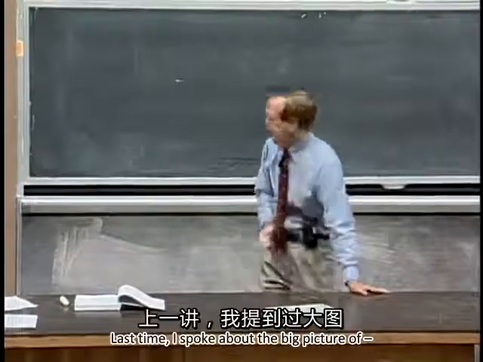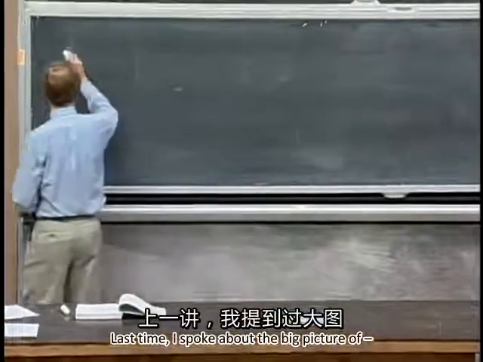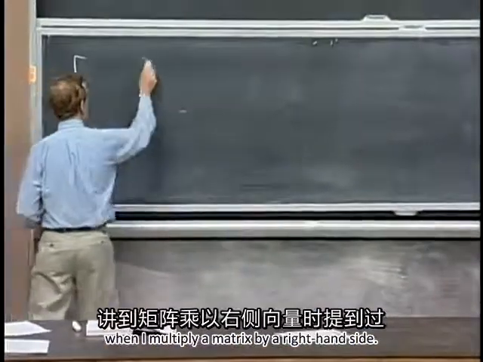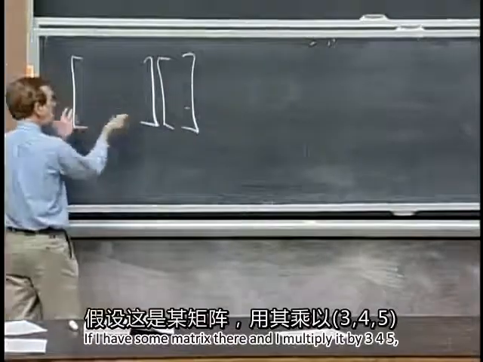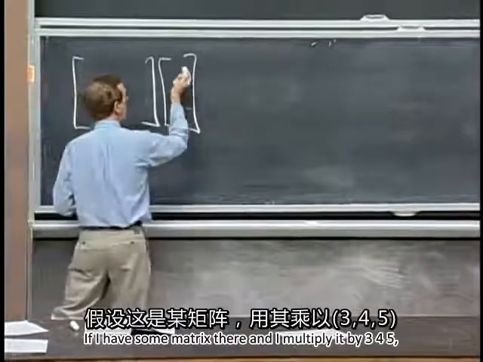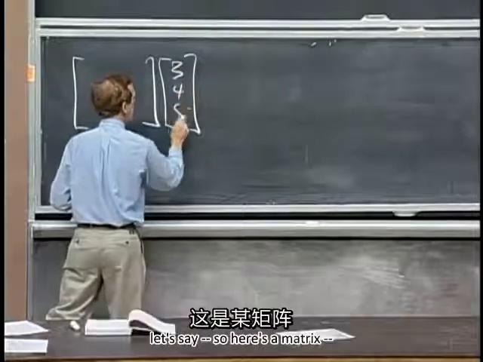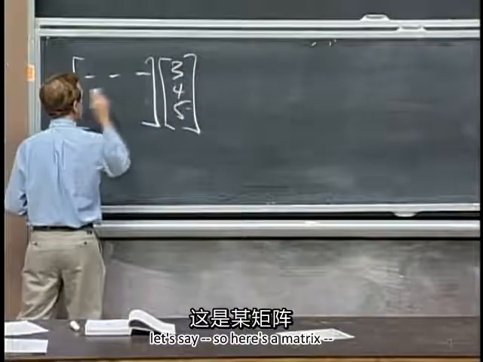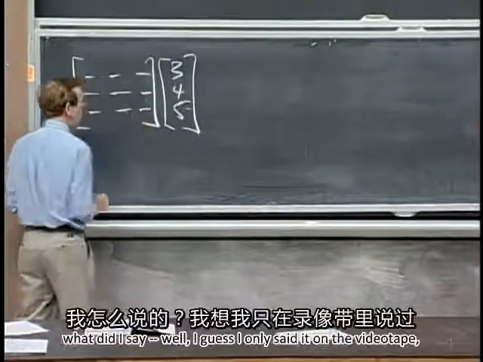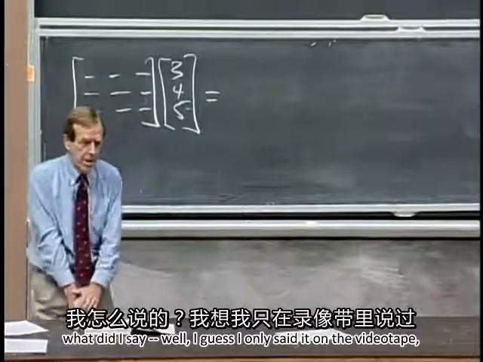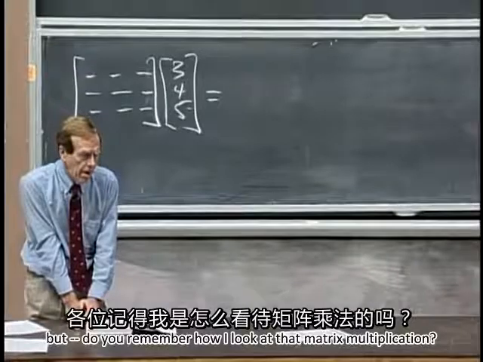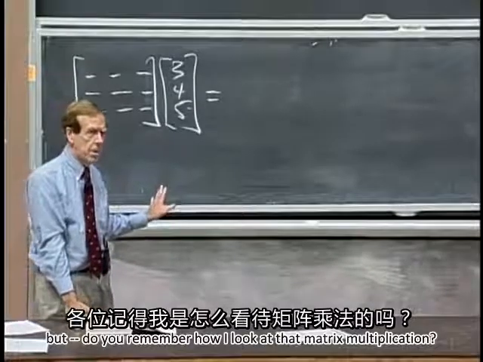Last time I spoke about the big picture of when I multiply a matrix by a right-hand side. If I have some matrix there and I multiply it by 3, 4, 5, let's say, so here's a matrix. What did I say? Well, I guess I only said it on the videotape, but do you remember how I look at that matrix multiplication?